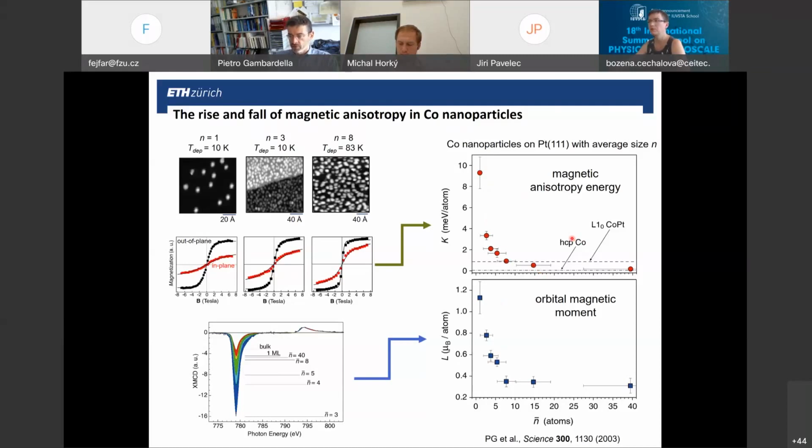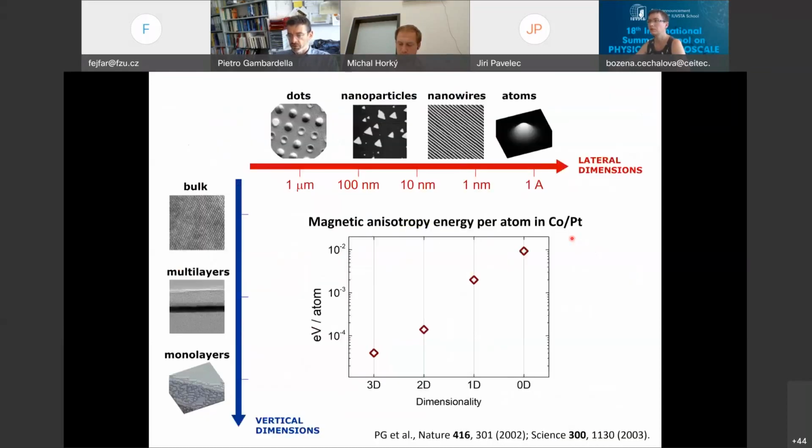And it shows also that in systems with reduced dimensionality, this anisotropy energy per atom increases almost exponentially with the dimensions of the system. So these are the zero-dimensional single atom limit, and this is one-dimensional atomic chains, similar to the system you see here.